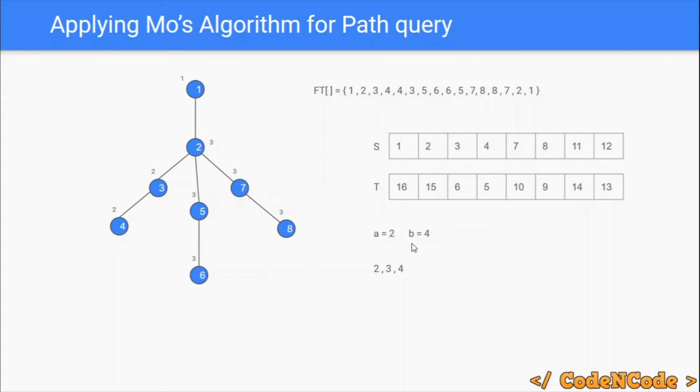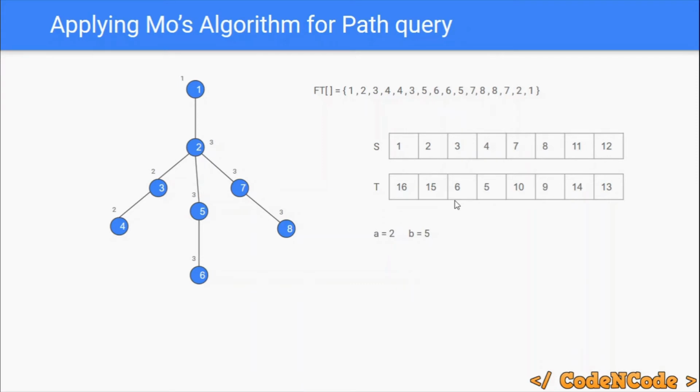Now let's see, is it that easy? Let's go for 2 to 5. Now 2 to 5, we see, okay, this should be even easier than the previous one. We should get two nodes 2 and 5 because the path from node 2 to 5 is 2 5, right?